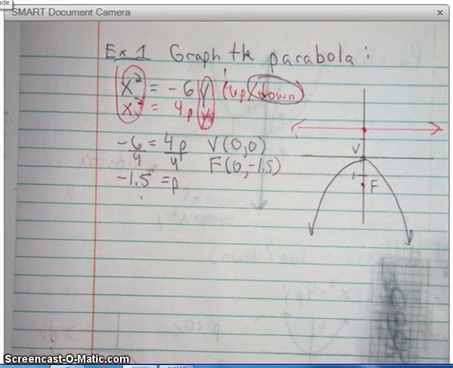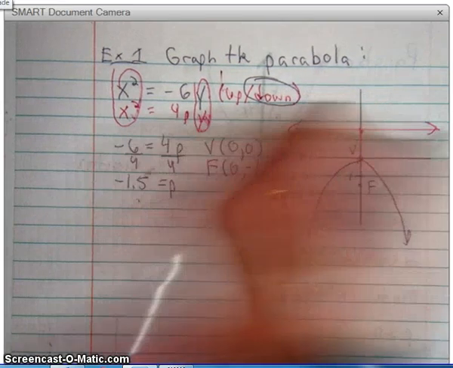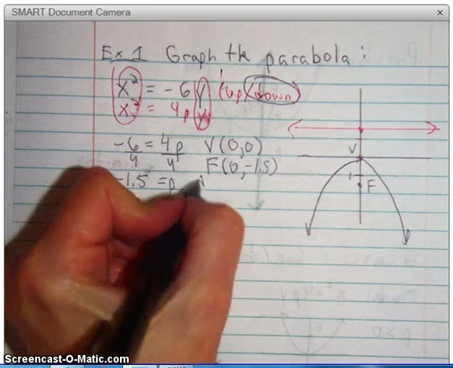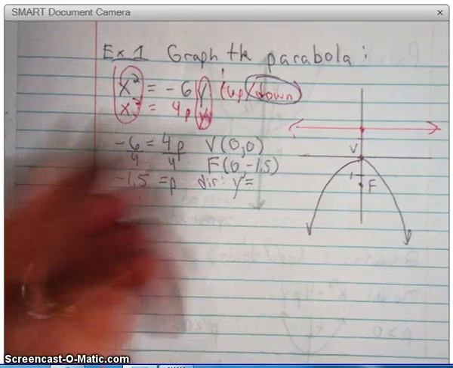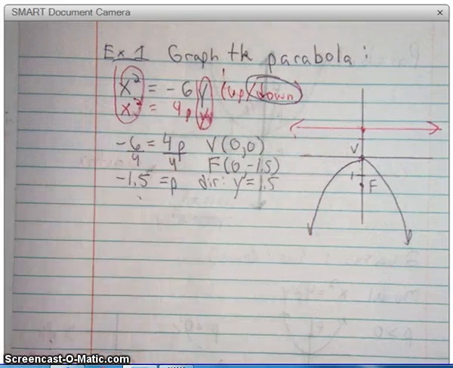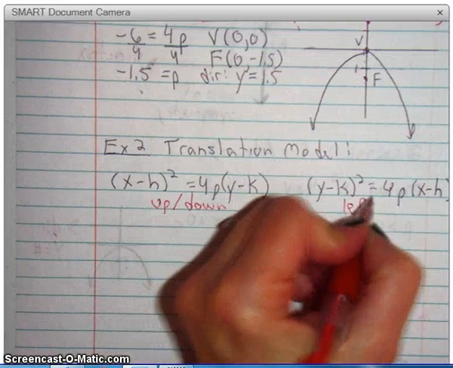Now, what's the equation of a horizontal directrix? Is it x equals or y equals? Y equals. So the directrix is at y equals, and then what y value are we up at? 1.5. Very good.